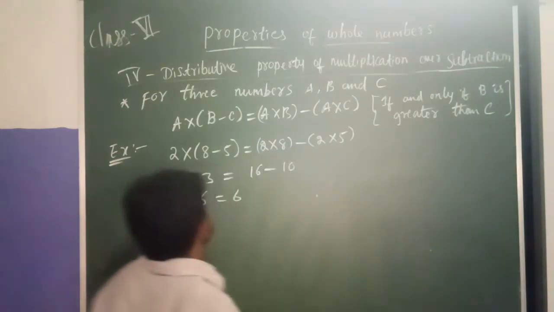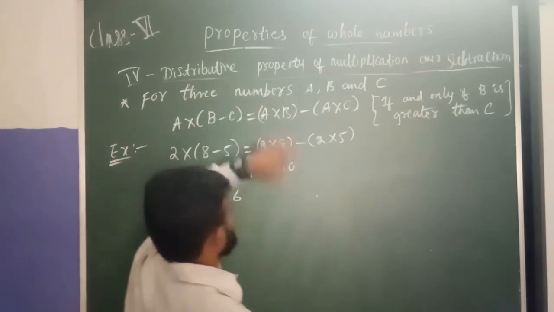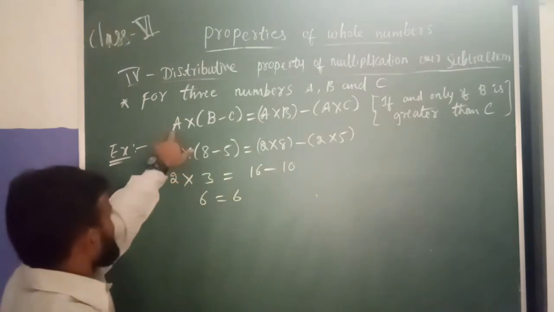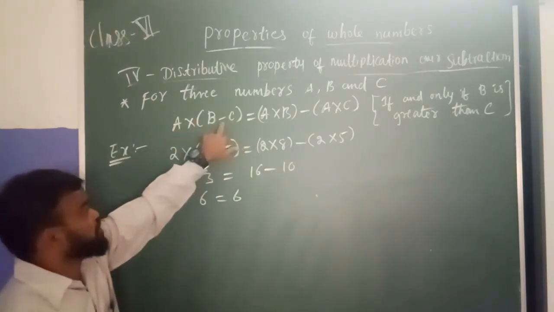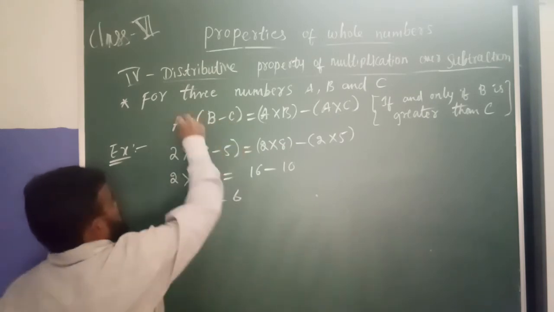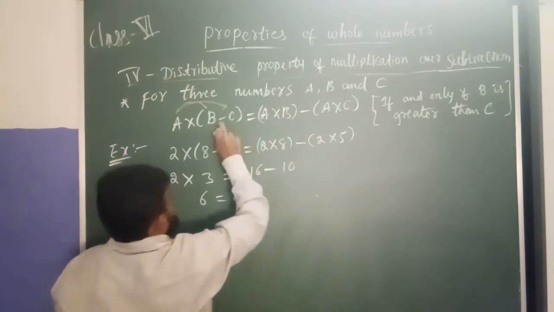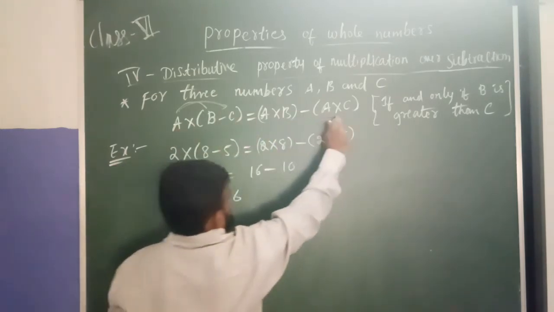Say the property for any three whole numbers A, B and C. Right? The property is A into (B plus C) before, when we took addition. Now we are taking B minus C. This into this multiply, again this into this multiply. A into B, plus sign we wrote earlier. Now we are writing a minus sign. Again A into C in the bracket.